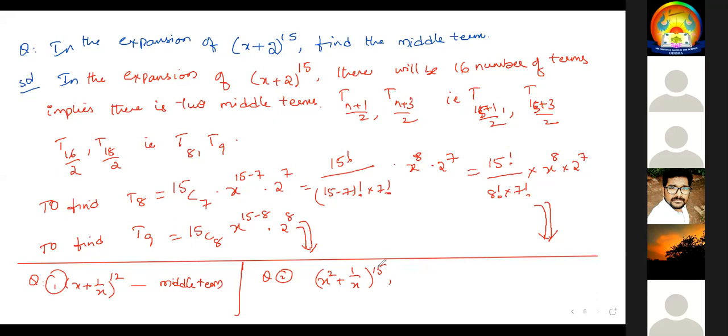I want the middle term. No need to simplify. Try to write the answer like how the boy said, like this. Those two questions are homework. Please try to do it. Okay, and copy.